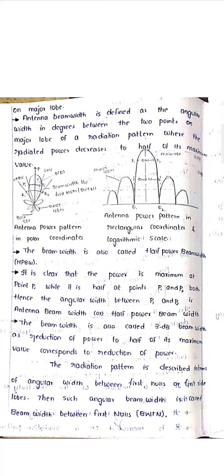The beam width is also called the 3 dB beam width, as a reduction of power to half of its maximum value corresponds to a reduction of 3 dB.